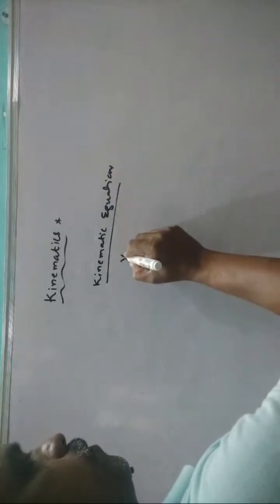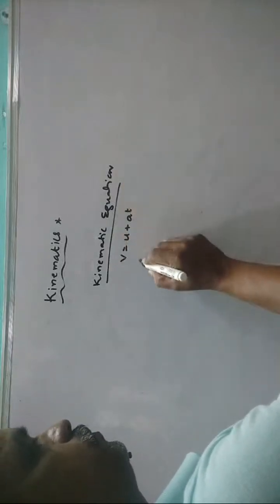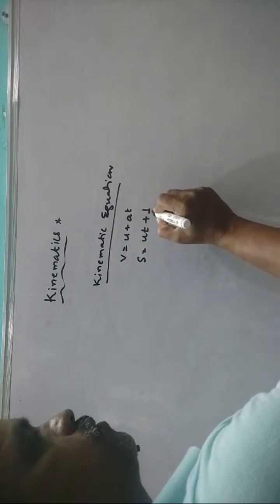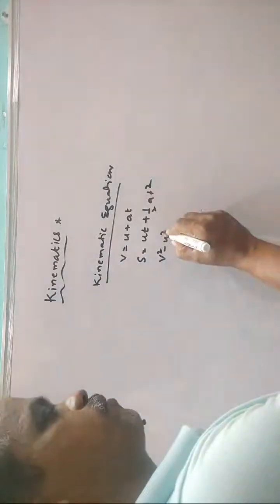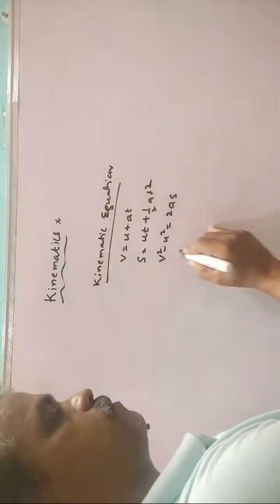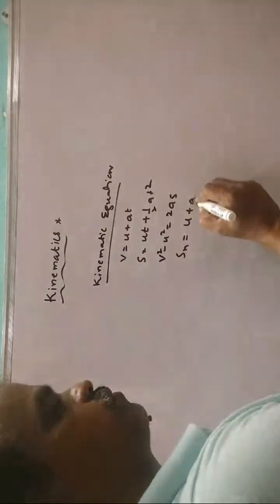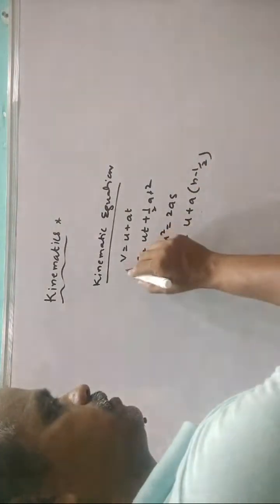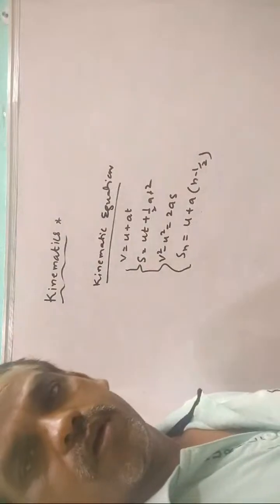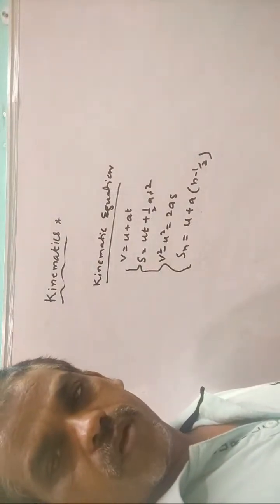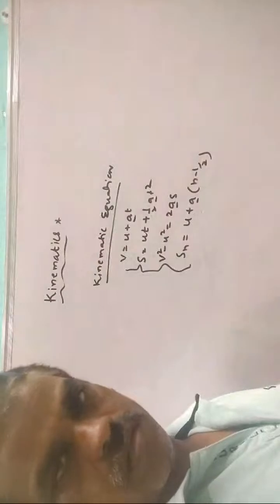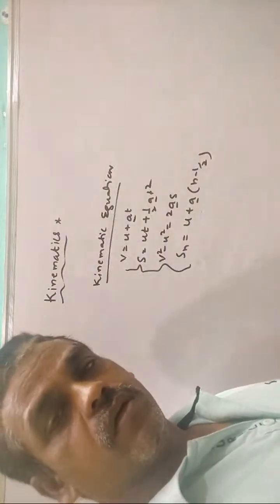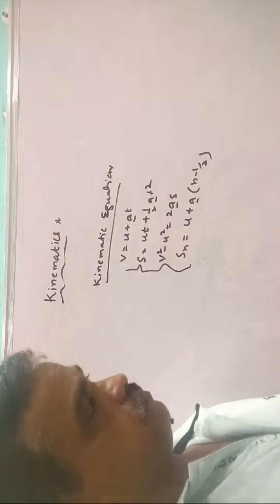So that is v equal to u plus at, s equal to ut plus half at square, v square minus u square equal to 2as, and the displacement in the nth second, u plus a half into (2n minus 1). These are four kinematic equations. We can apply these equations only for uniform acceleration or constant accelerated bodies.